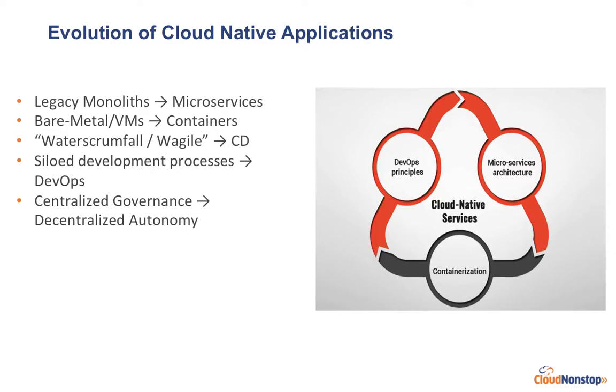That is now being replaced by decentralized autonomy, so that you have different groups using different technology stacks, whatever is suitable for them for building their own microservices. It does assume that a microservices framework is being adopted.